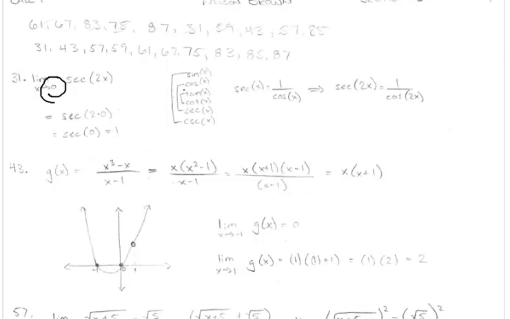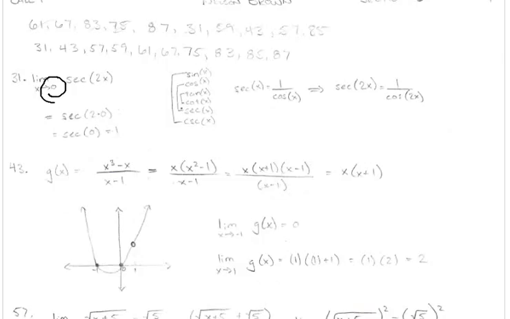So secant is, remember, I usually draw out sine, cosine, tangent, cotangent, secant, cosecant, and then a little arrow between the outer one, between sine and cosecant, between cosine and secant, and tangent and cotangent, because each one of these are reciprocals of one another.